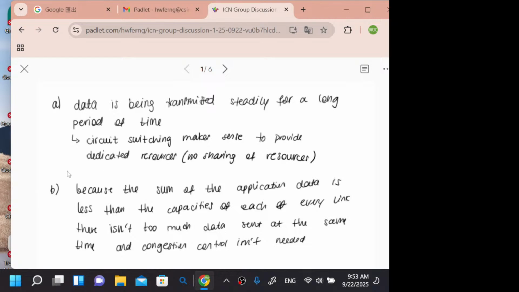And for B, while looking at the task, we thought that because the sum of the application data is less than the capacity of every link, there isn't too much data sent at the same time. Therefore, congestion control isn't needed in that case. Yes, that was our thoughts.